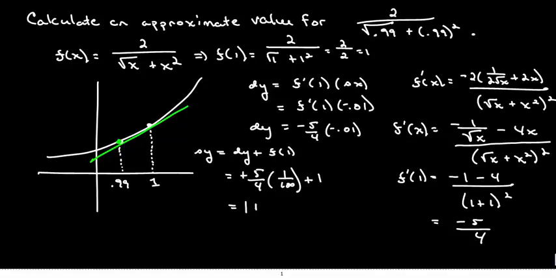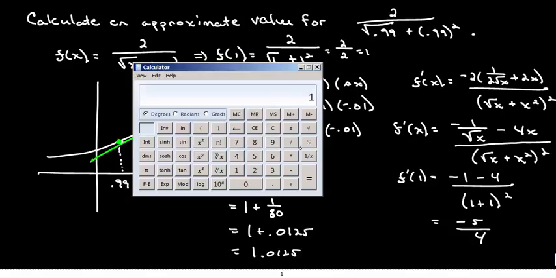So this will give me 1 plus, now 5 over 100, that's going to give me 1 over 20, and so this will give me 1 plus 1 over 80. And 1 over 80 is 0.0125. So this gives me 1.0125. I just want to check that to make sure I've got that right. Yep. So there we go.